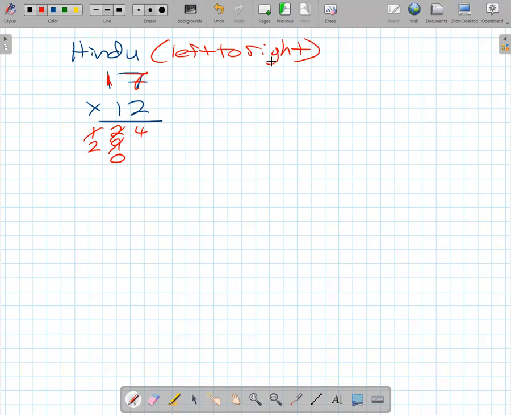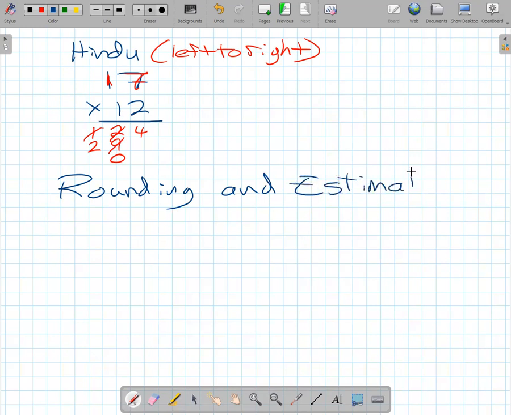All right, related to that, I want to just talk a little bit about rounding with multiplication and a couple of other tricks for estimating. And leave that there. So rounding and estimating products.